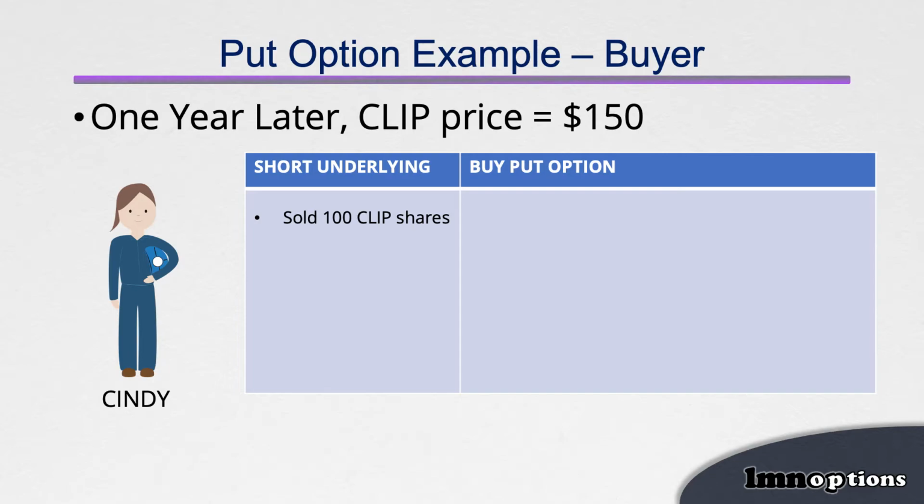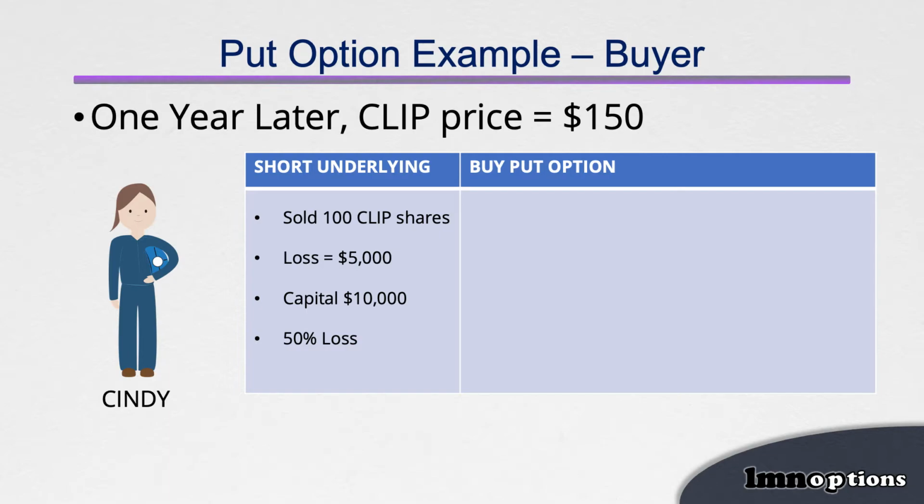Today, in order to close her position, she would have to go into the market to buy back her shares at $150 per share. This would give her a loss of $5,000. And on the initial capital of $10,000, this would amount to a 50% loss.